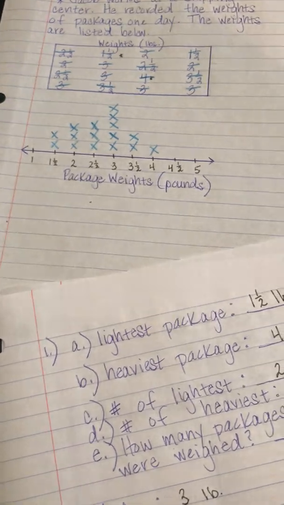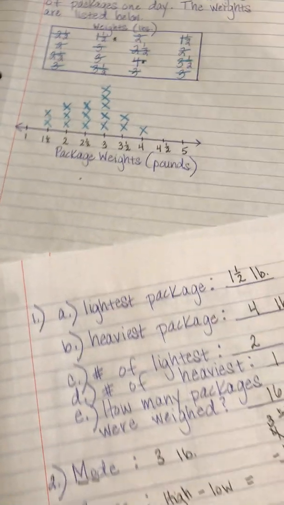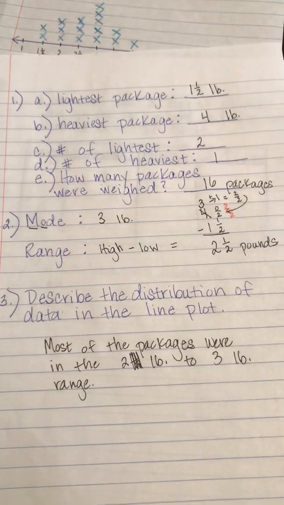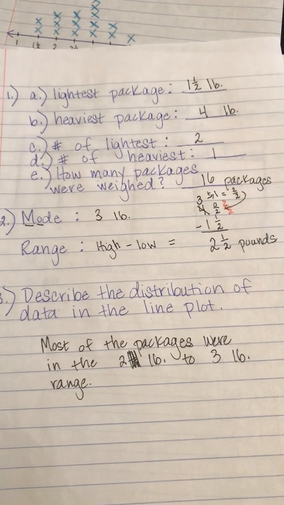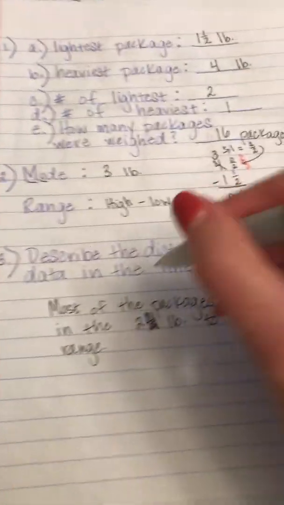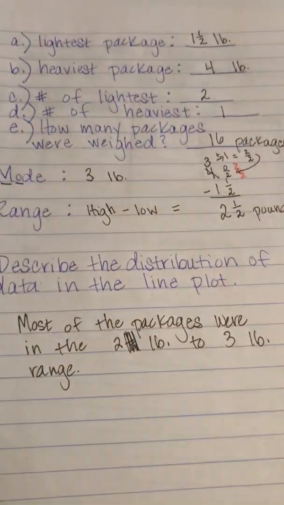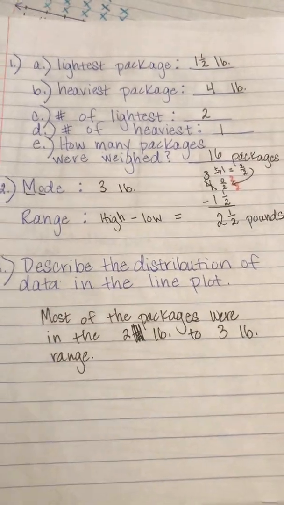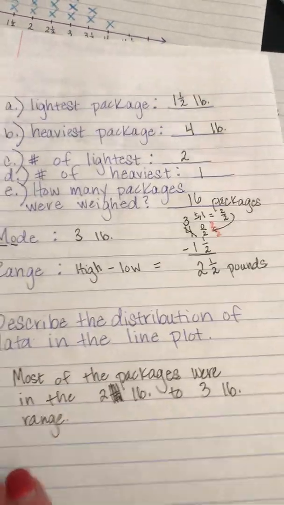So what I wrote as my answer here, most of the packages were in the 2 pound to 3 pound range. Okay, you could also write something like, a triangular or a pyramid shape was formed. That would be perfectly acceptable as well.